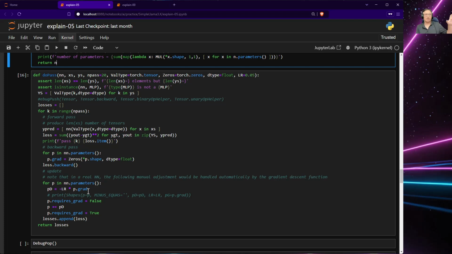First, we started with d loss, which was 1, and then we chained it back one layer at a time through the backwards method. So if we update the param p with negative LR times p.grad, we're hopefully going to decrease the loss next time we push in the training data. Okay?